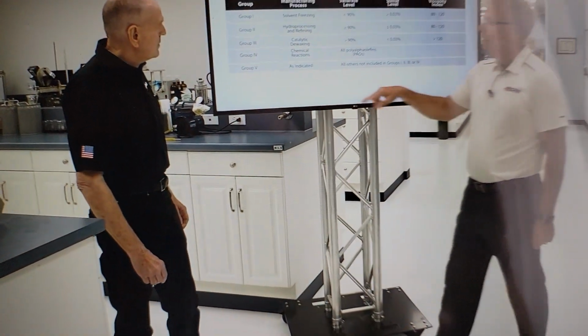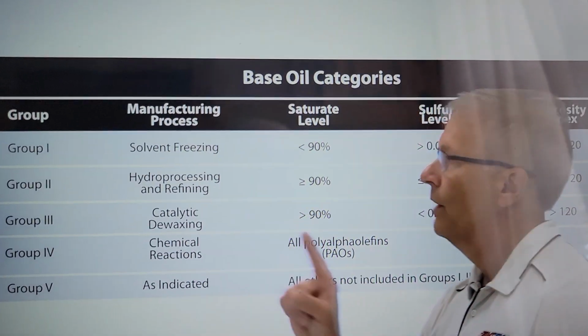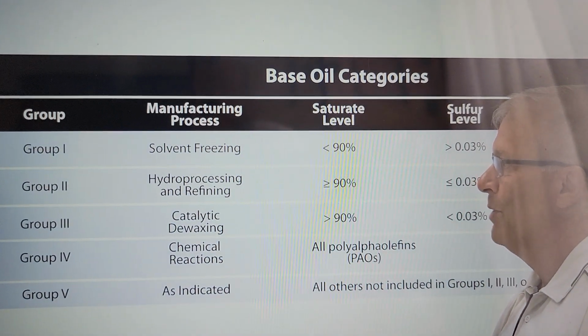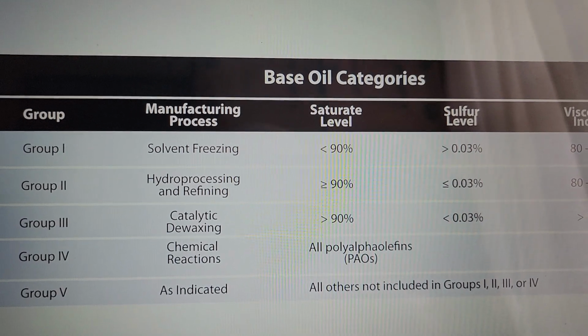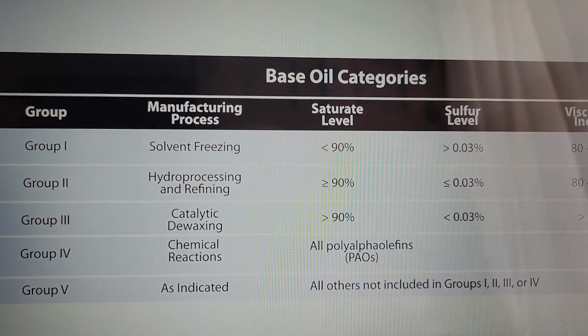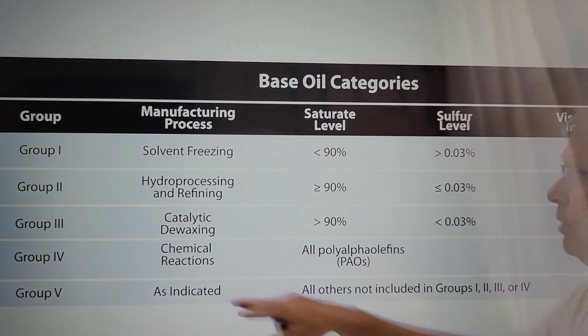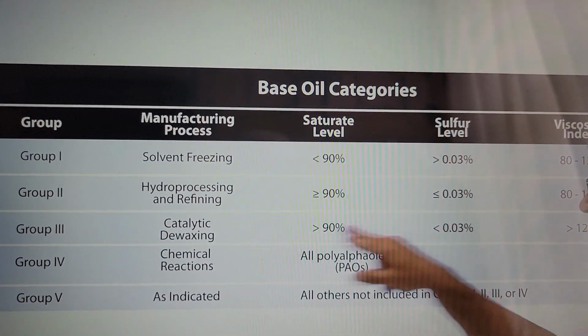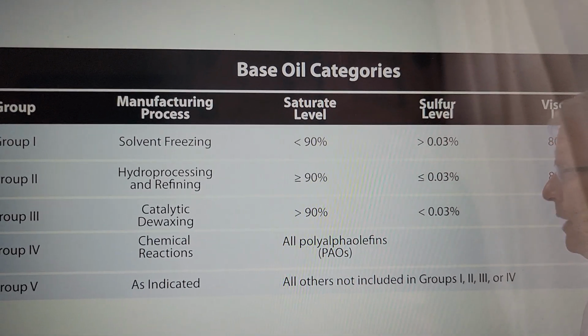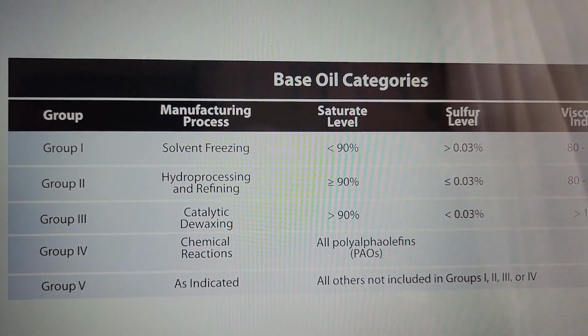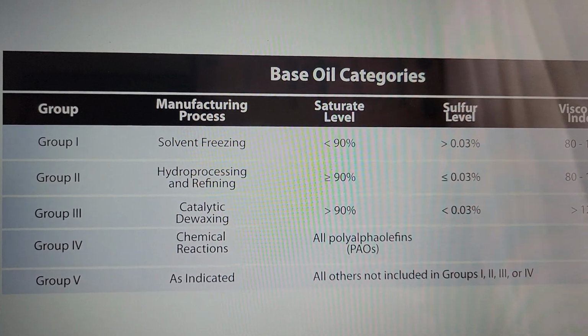The next one, this group 4 category, is only for one material. It was defined specifically for a material that's used widely by synthetic manufacturers in the synthetic motor oil industry, and that is polyalpha olefins. Polyalpha olefins are just one category of molecules that are really good for lubrication, great for viscosity index, and really good for oxidation resistance.